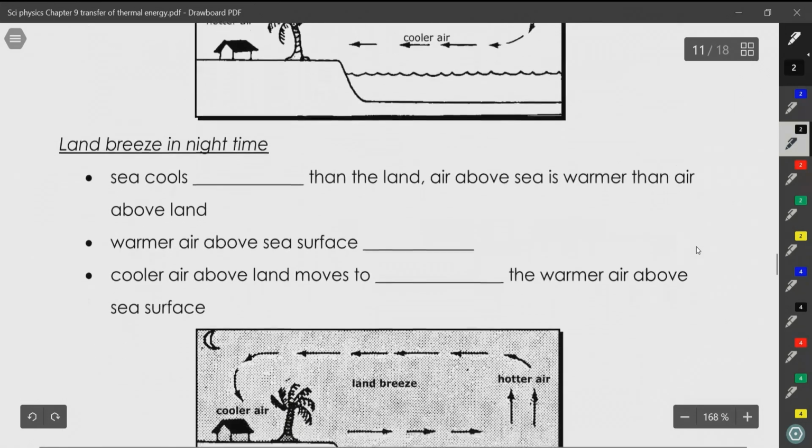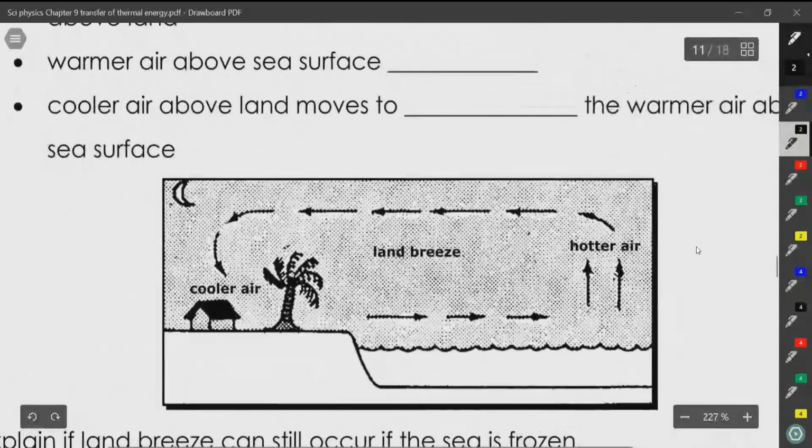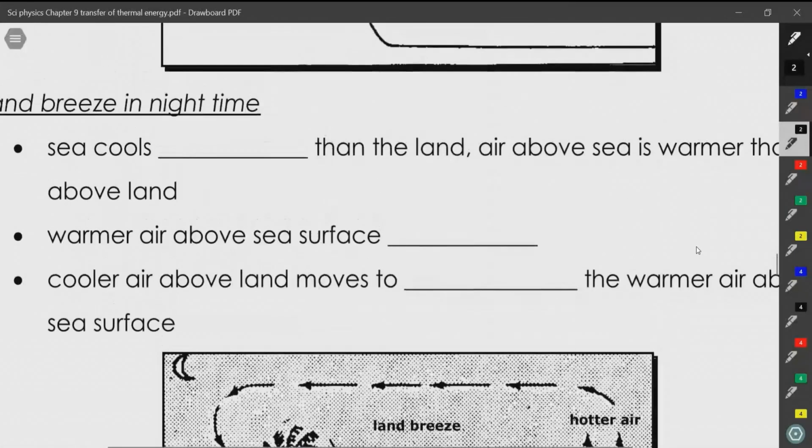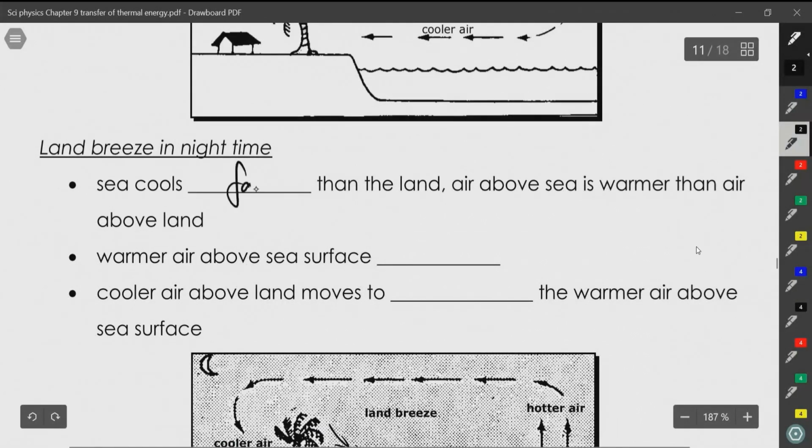Now the land breeze is the other way around. It's the same mechanism. If at night, as you walk along East Coast Park, you feel wind, it should come from behind the sea. That's the idea of land breeze. The sea cools faster than the land, so at night time the sea cools faster than land.